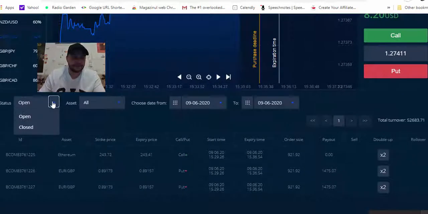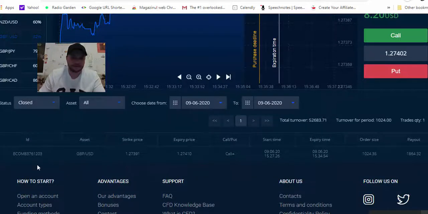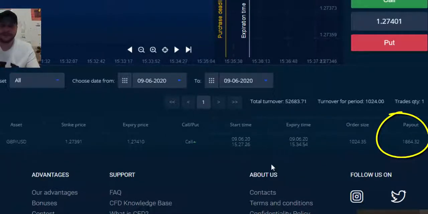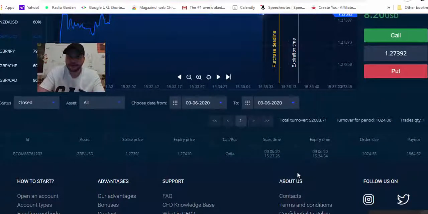Let's have a look at the history, on the closed. Yes, GBP USD, and the payout is 18.64.